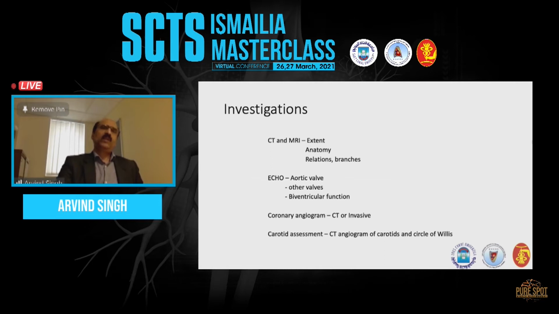The one added investigation, if somebody really wants to feel reassured while performing operations on the aortic arch, is to understand the anatomy of the circle of Willis. Although I have heard a number of experts speak at international conferences where they have said there is always a communication between the right and the left side.